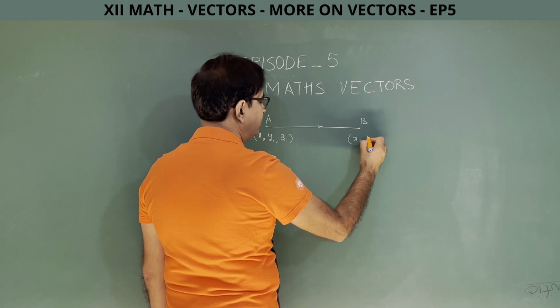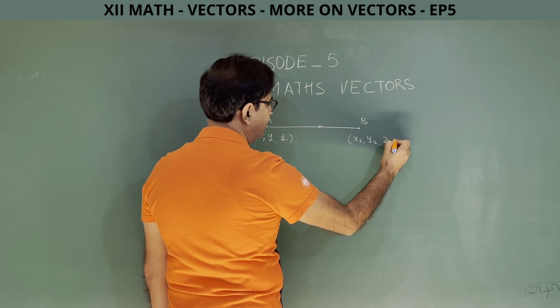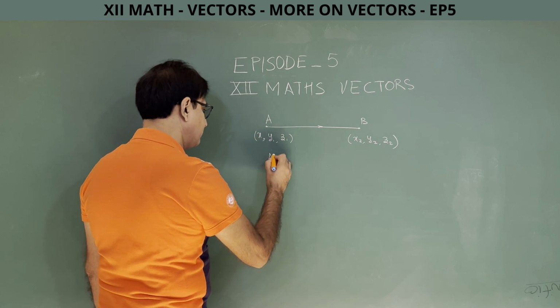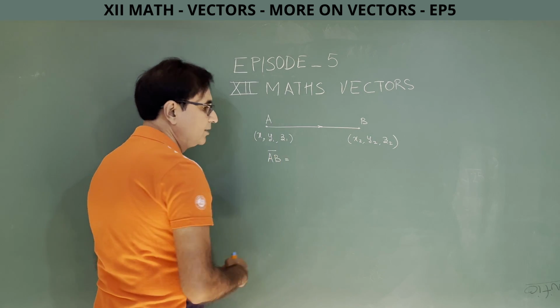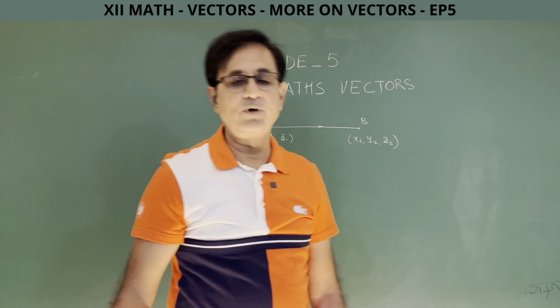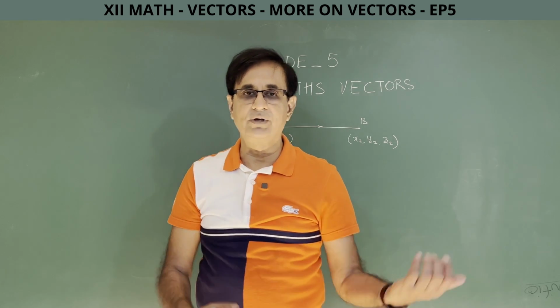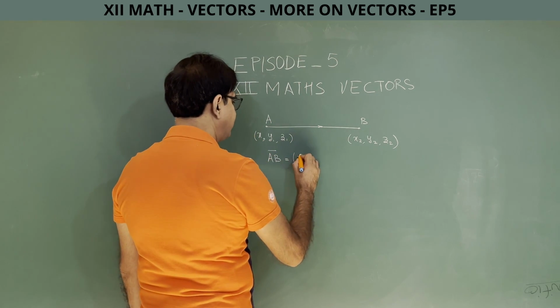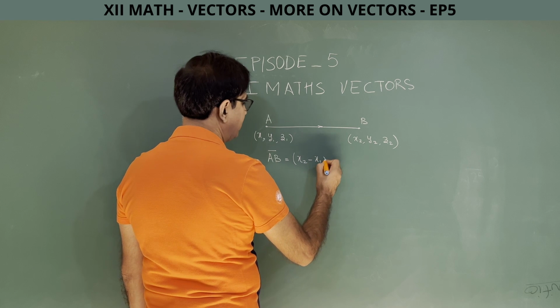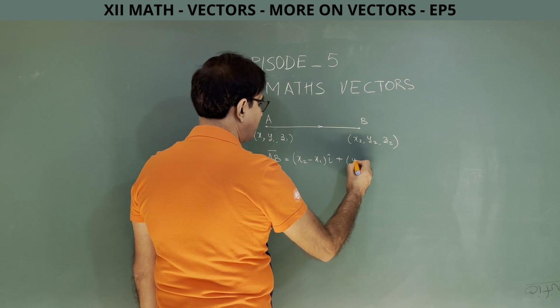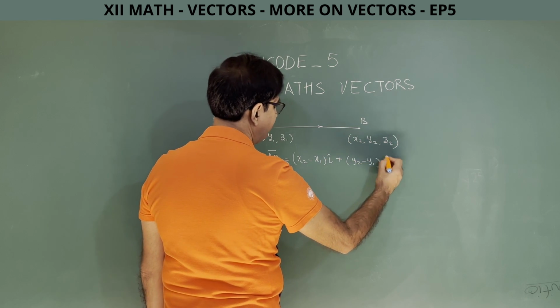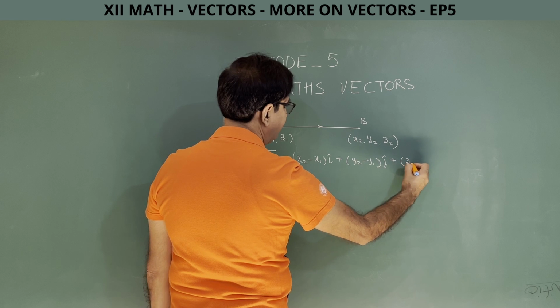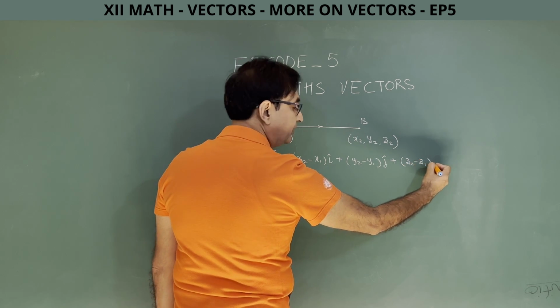You know the coordinates of B as x2, y2 and z2. So what is vector AB? All this we did in the previous class. So those who have already attended and watched and understood episode number 4, for them it will be a quick recap, a revision. So vector AB will be x2 minus x1 i cap plus y2 minus y1 j cap plus z2 minus z1 k cap.